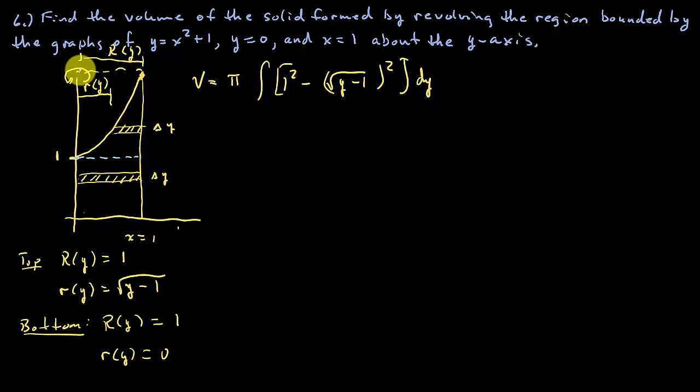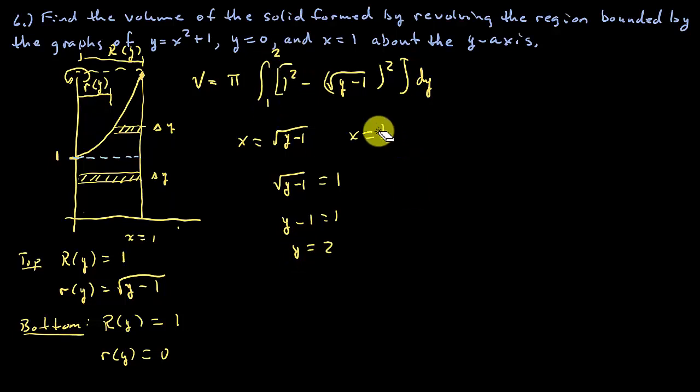Remember, x is equal to the square root of y minus 1, and here I've got x equal 1. That's this line and this curve. So if I do square root of y minus 1 equals 1, square both sides, I get y equals 2. So I'm integrating this one from 1 to 2.